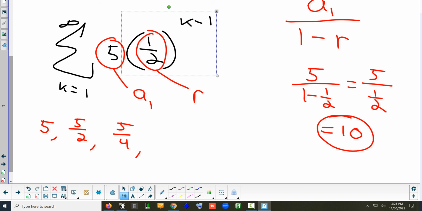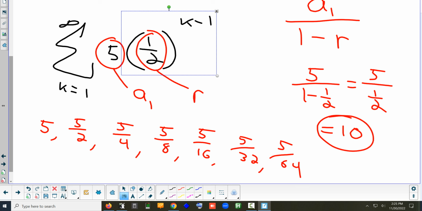What's the next term going to be? 5/8. And 5/16. Then what? 5/32. And 5/64. So now my question here is, what are the individual terms in that sequence approaching?